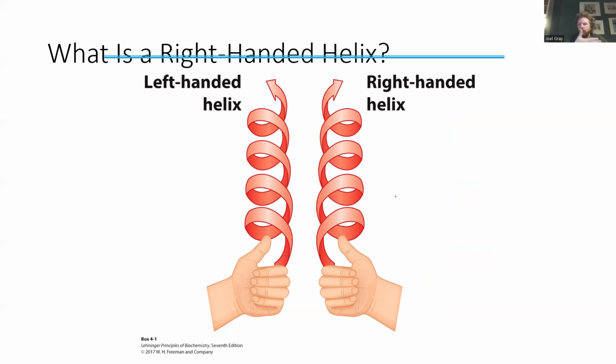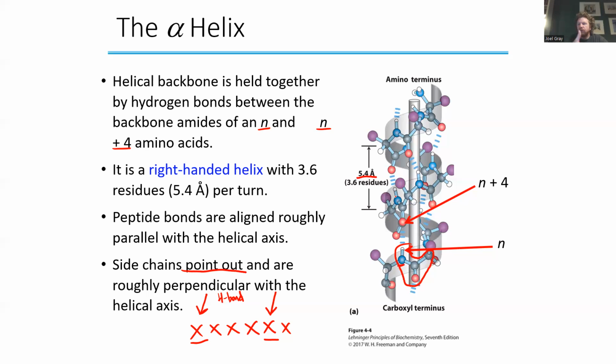Well, another way that you could visualize it is to use your thumb to align with the central axis, this cylinder tube that's in the middle. Then it's a right-handed helix if, when your fingers fold in, they are going the direction of the peptide backbone.